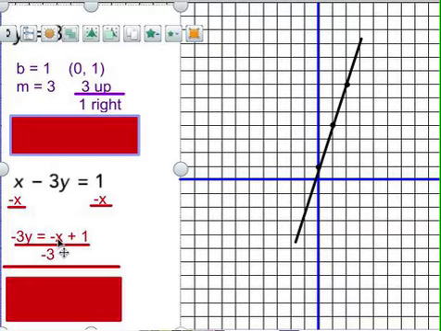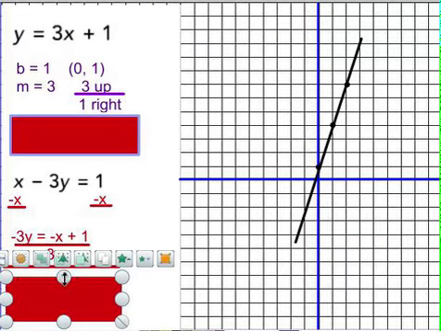negative 3 cannot divide evenly into negative 1x. But a negative divided by a negative becomes a positive. And again, negative 3 cannot go evenly into a positive 1. But a positive divided by a negative is a negative.